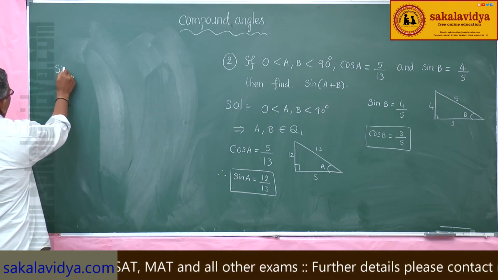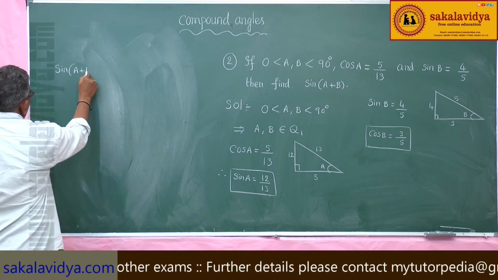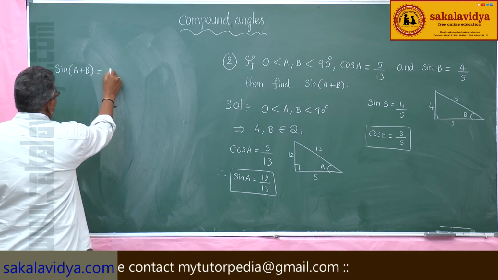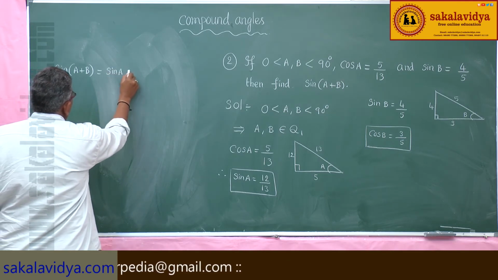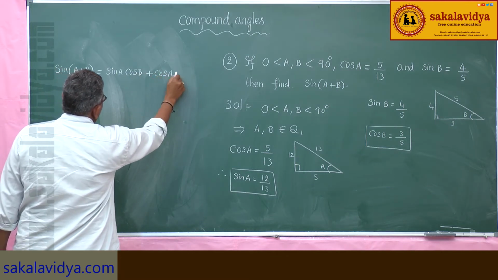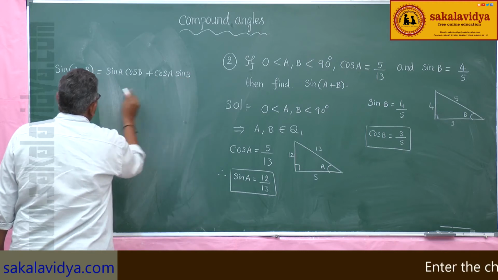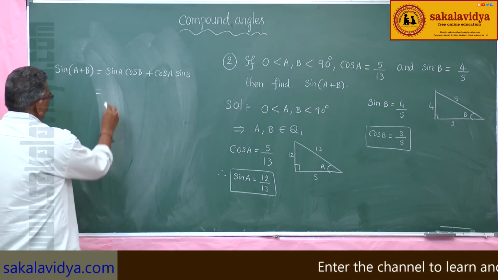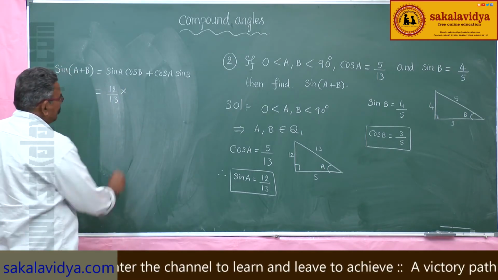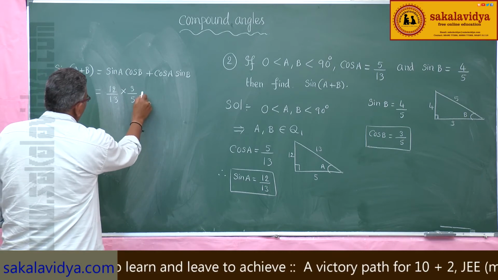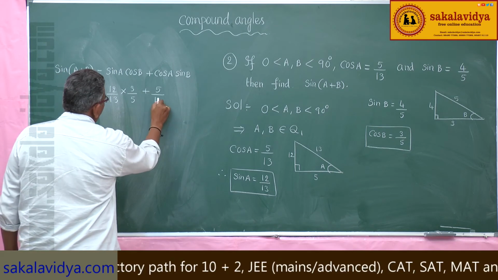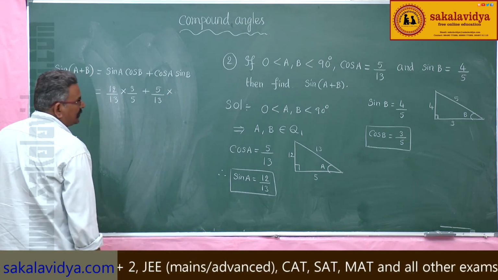Now, sin of a plus b is equal to, what is the formula? Sin a cos b plus cos a sin b. Now sin A is 12 by 13 multiplied by cos B, 3 by 5, plus cos A, 5 by 13, multiplied by sin B, which is 4 by 5.